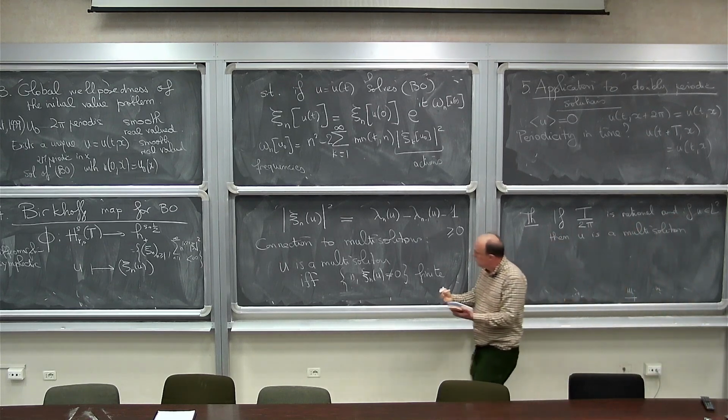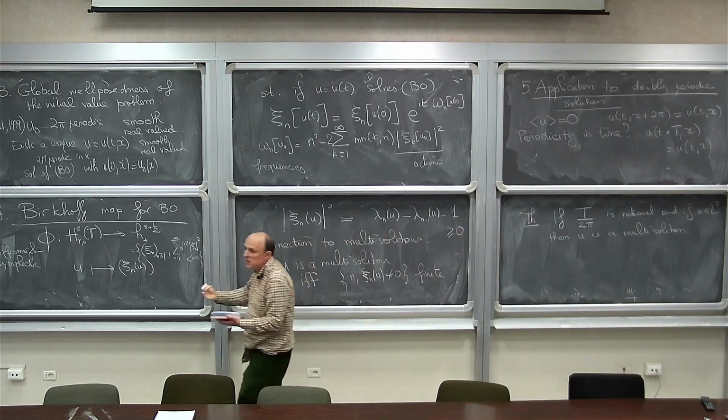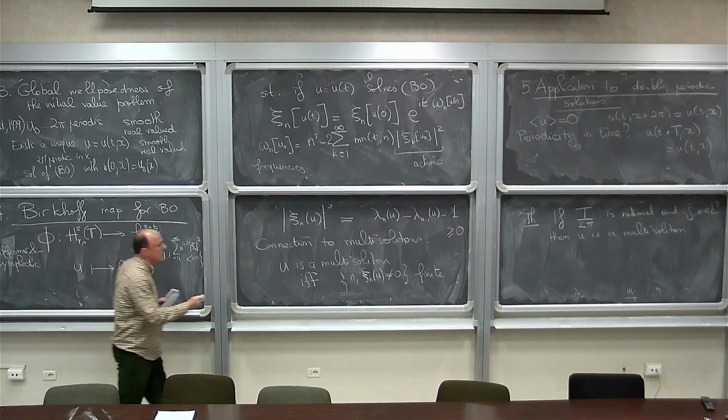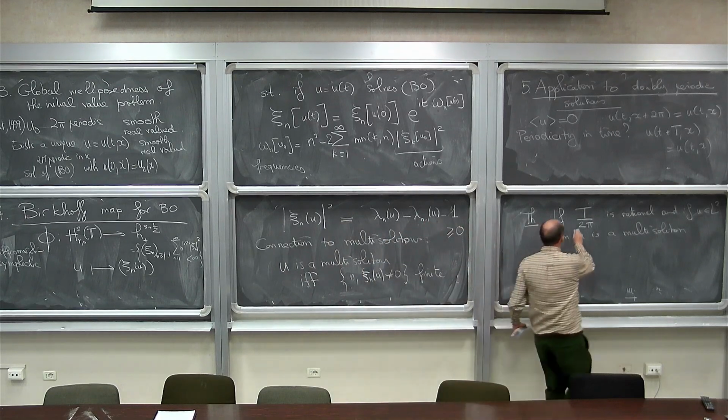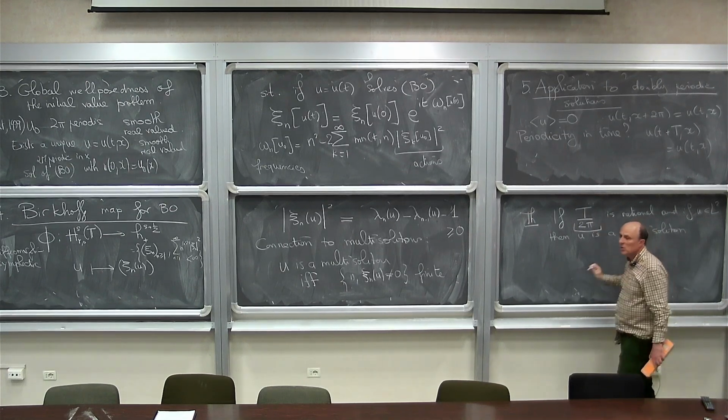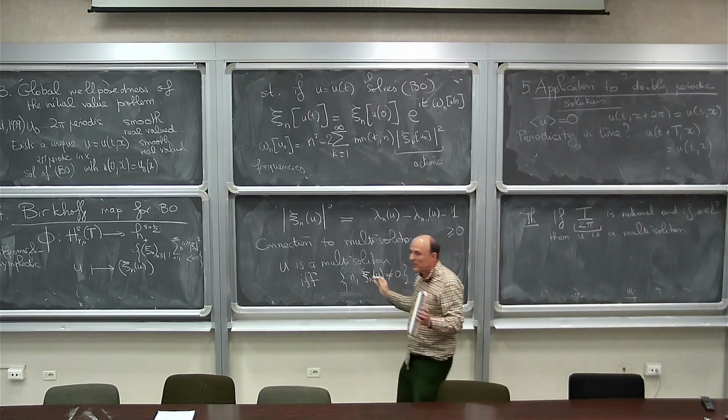So if you demand a little bit of regularity, again, square integrable in X, and if you impose that the quotient of the period in time over the period in X, 2π here, is rational, then there are no other periodic solutions.